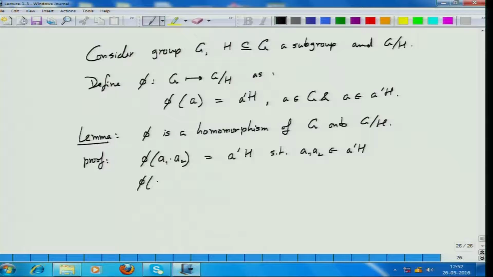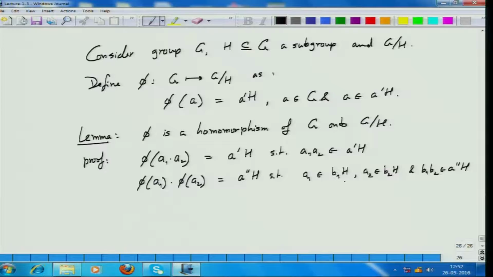And what is phi of A1 dot phi of A2? This is, let us say, A double prime H such that phi of A1 is contained in, let us say, B1 H, A2 is contained in B2 H, and B1 B2 is contained in A double prime H, all by definition.